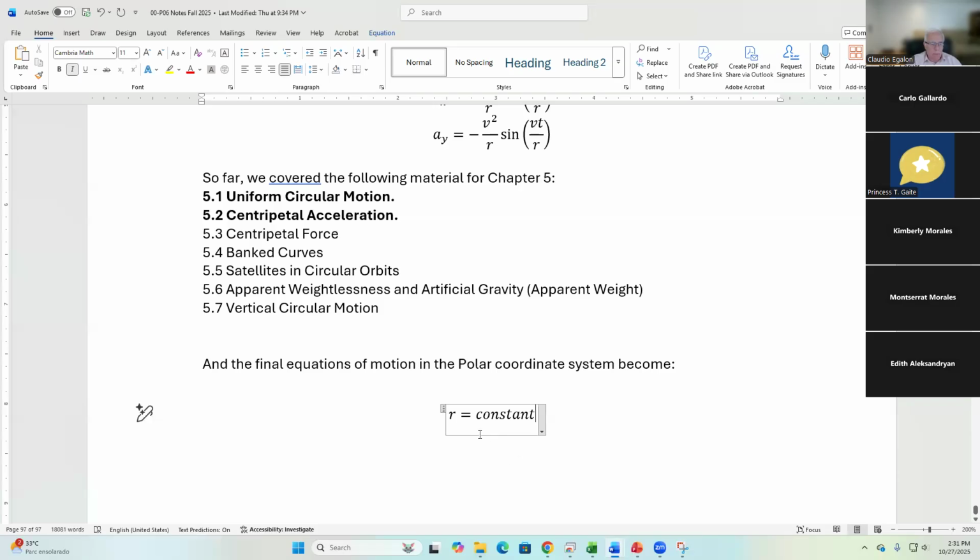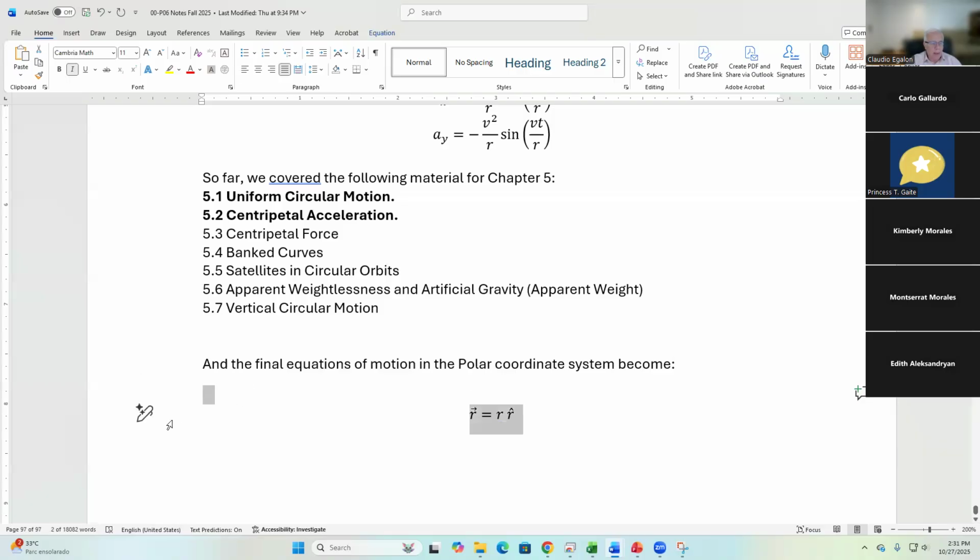But let's put that in vectorial format. Here you go. The position vector is going to be the radius of the circle in the direction of the unit radial vector.